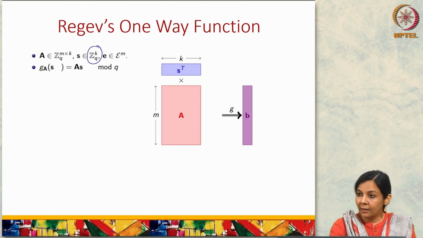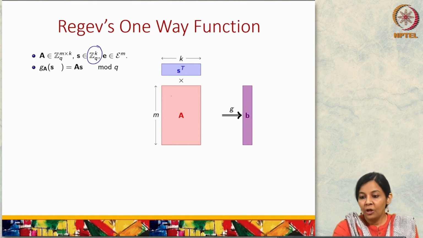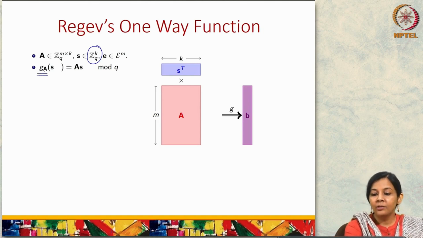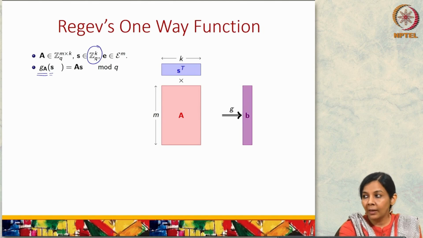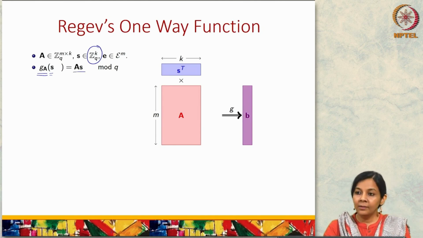So this is not binary anymore, and I multiply it on the short side. So now if I just give you A times s, can that be one-way? I am now defining a new function g_A. I take as input this vector s, which is over Z_q^k, and I multiply s with A on the short side of A. So As, can this be a one-way function?